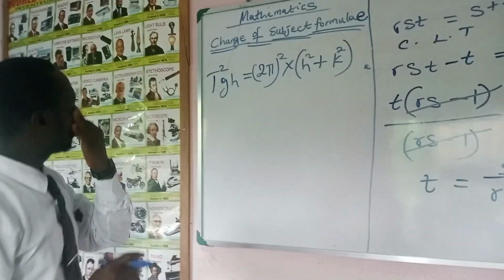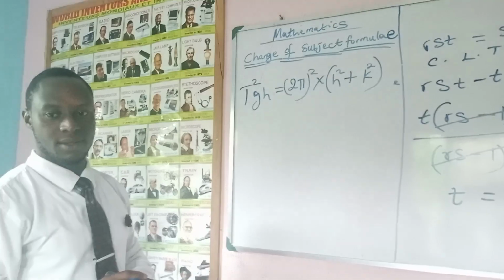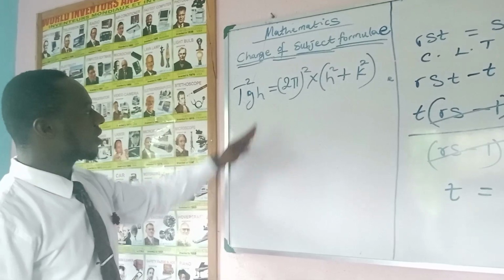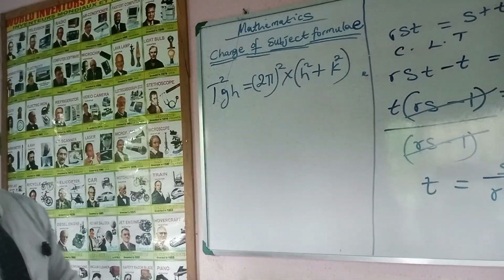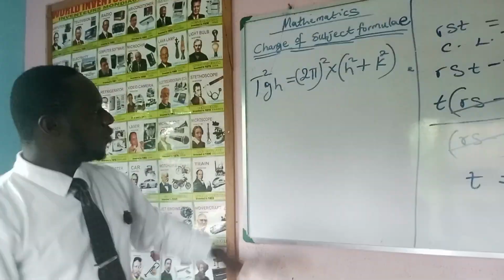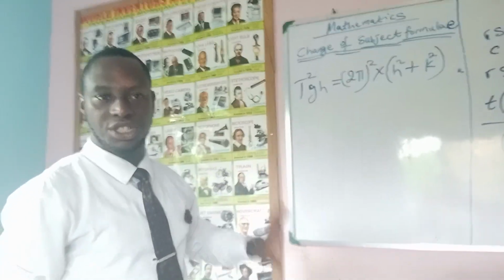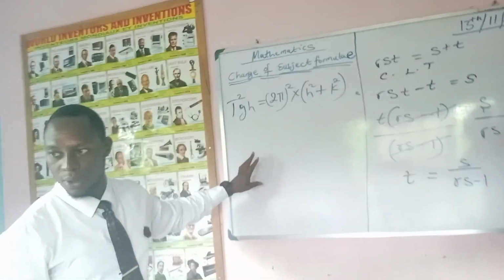Good. Now, look at where G is. If we want to deal with G, what do we do now? We need G to stand alone, just G. What do we do?